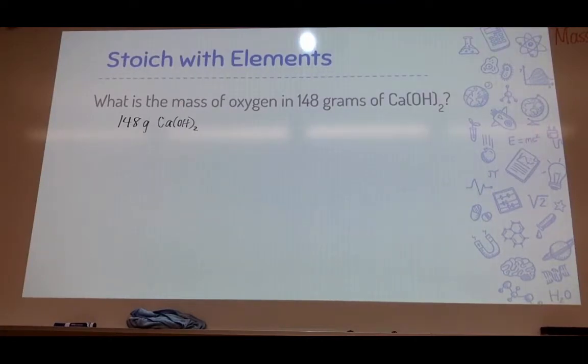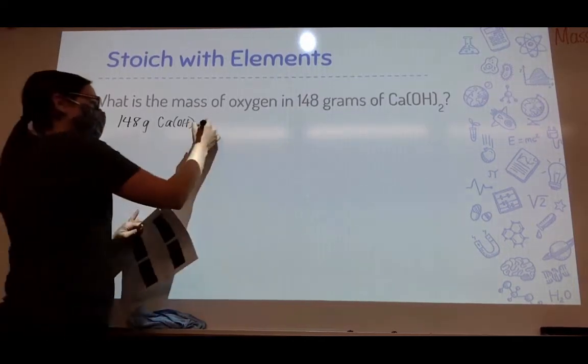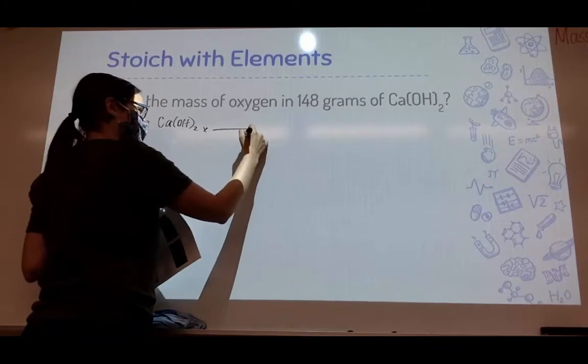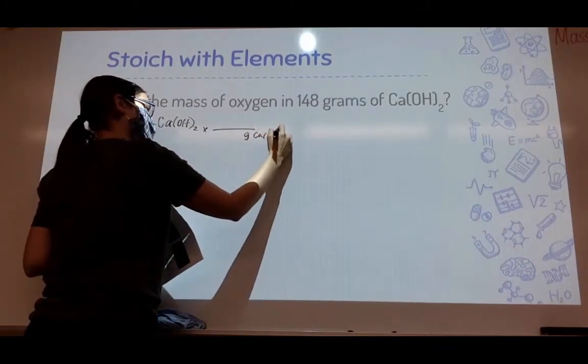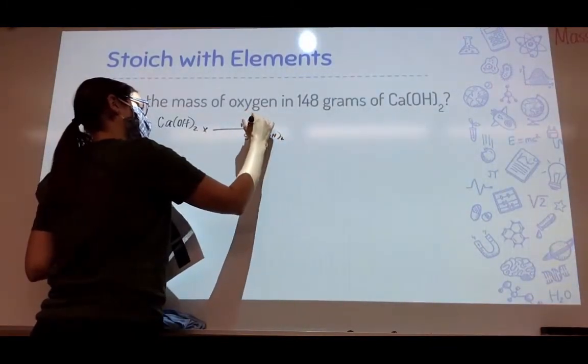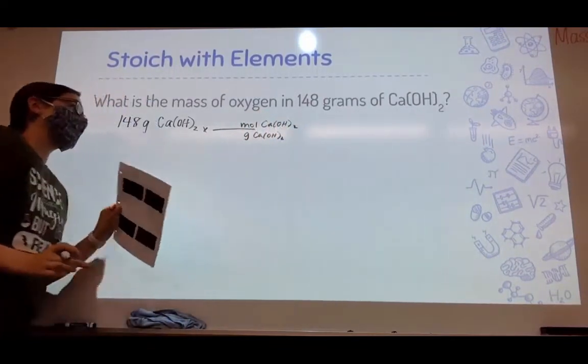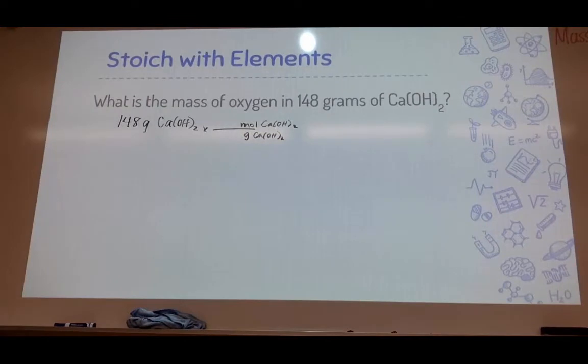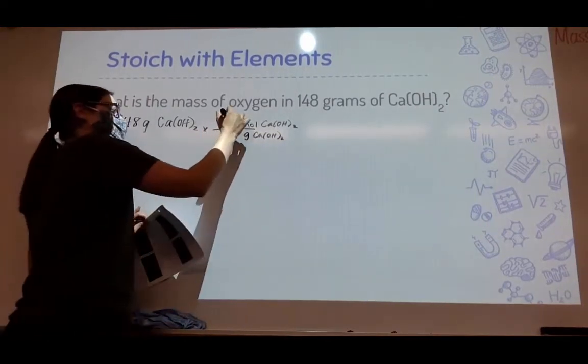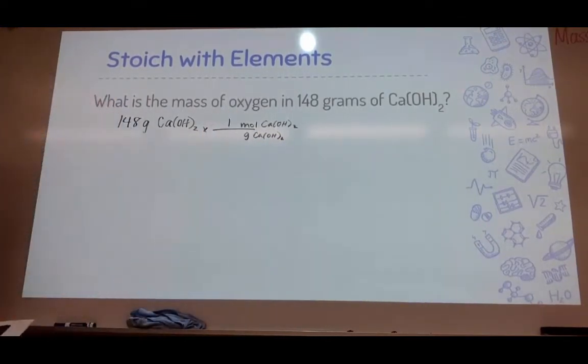Even if you have no idea what to do, the first thing you can always do is convert your given to moles. So the first thing I'm going to do here is take my grams and go to moles. Just like we looked at in the post lab, 1 mole of calcium hydroxide.